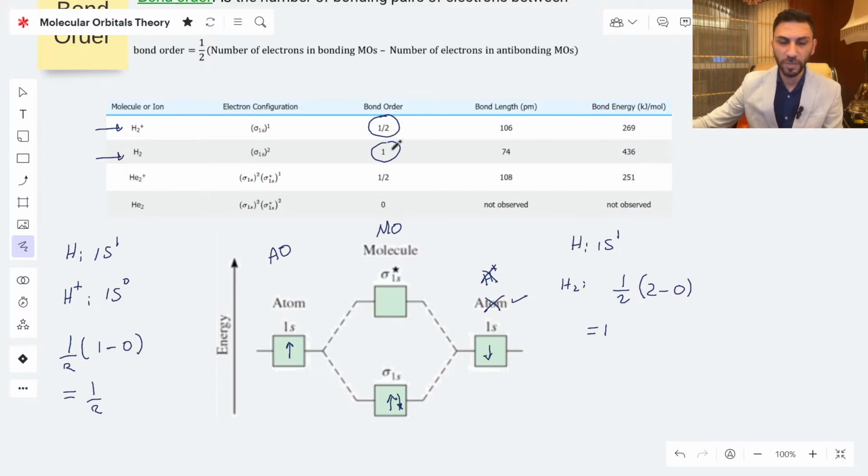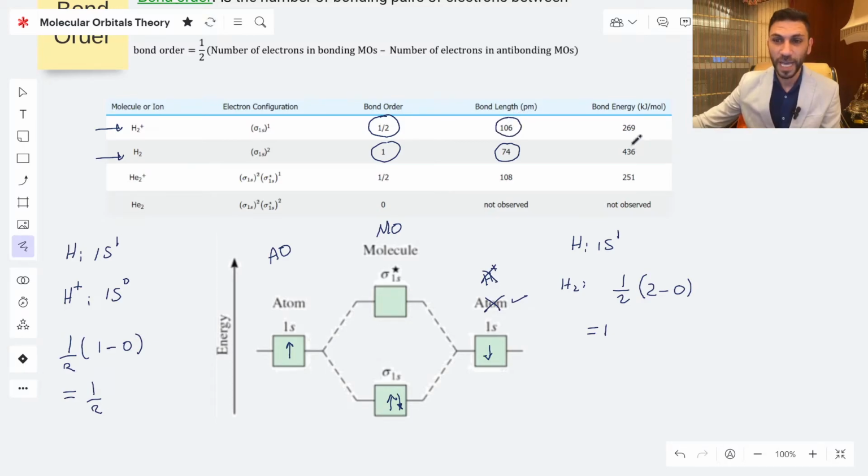So let's compare now between H2 positive and H2. As you can see, the bond order for H2 is greater than the bond order of H2 positive. That means H2 is more stable than H2 positive. Also, the bond length and the bond energy give us a hint about the stability of the molecule. As you can see, in H2 we have a shorter bond than in H2 positive.